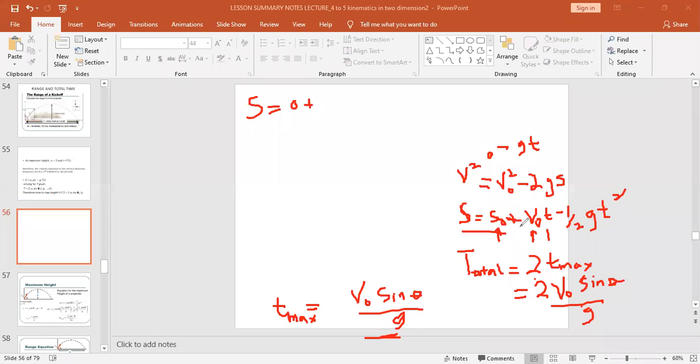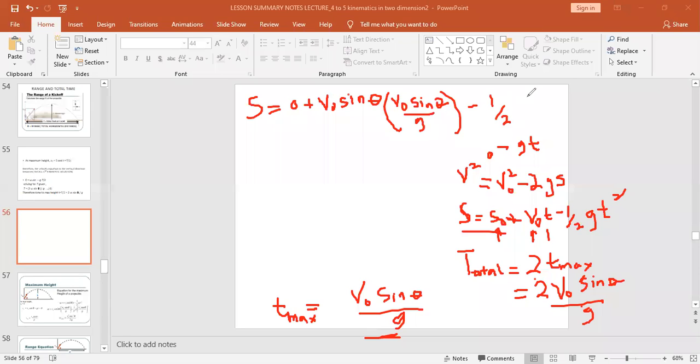So S naught plus your velocity in the y direction, V naught sine theta, times the time to maximum height, V naught sine of theta over G, then minus half gt squared.